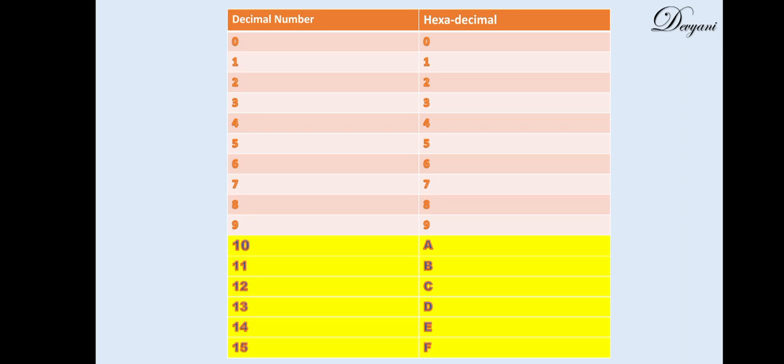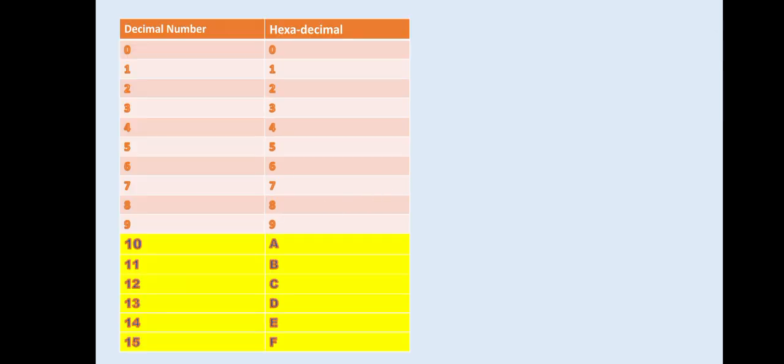Now let us see how it helps in writing a hexadecimal number. Now here we have the table and the number is 1512. Now as I told you, if it is 1512, it will be considered as single digits 1, 5, 1 and 2. And in case it is 15 and 12, it won't be written as 15 and 12.